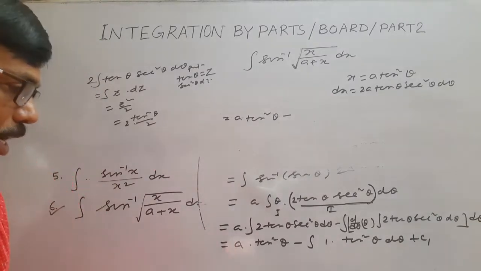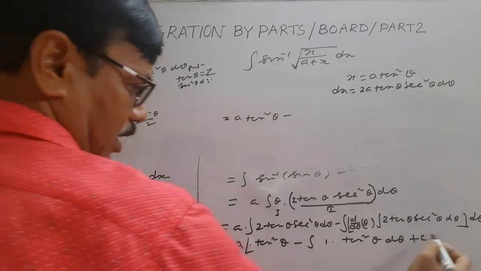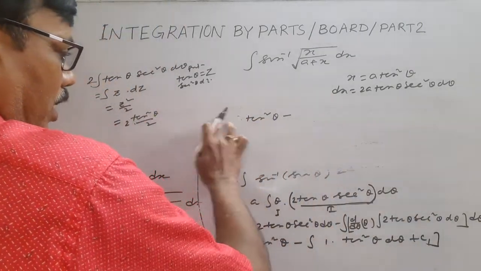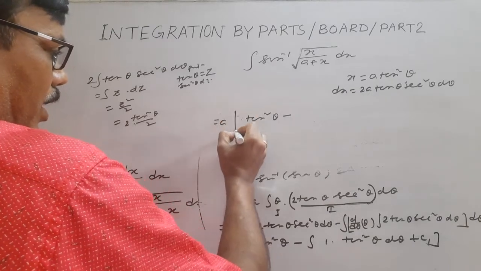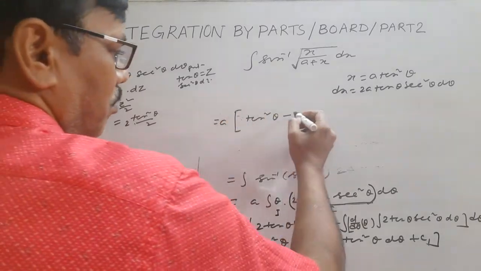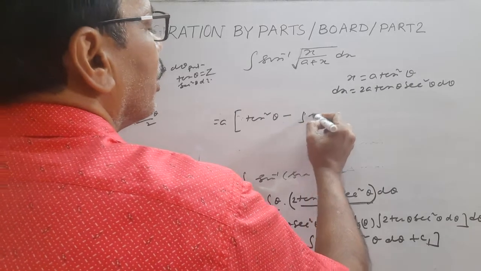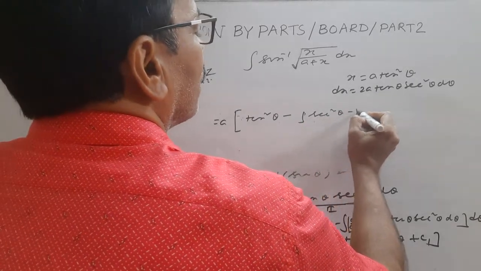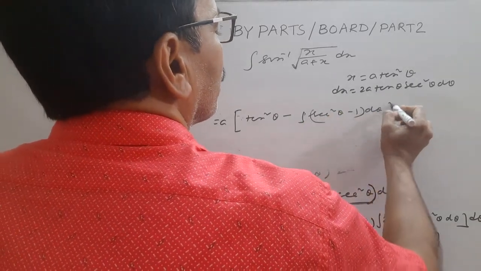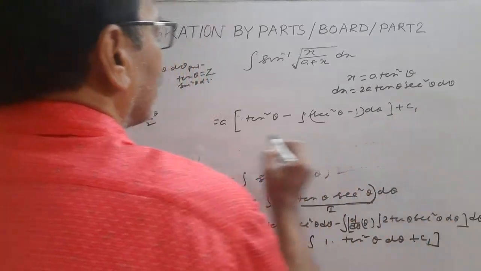So A outside, integration of sec square theta minus 1 d theta plus c1.